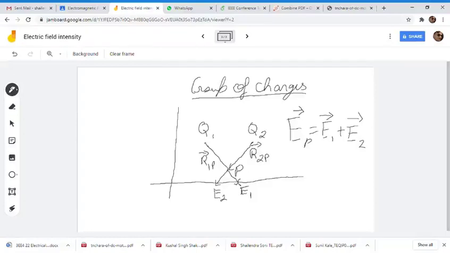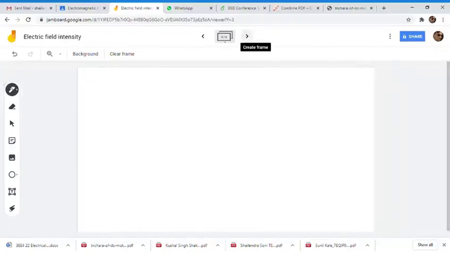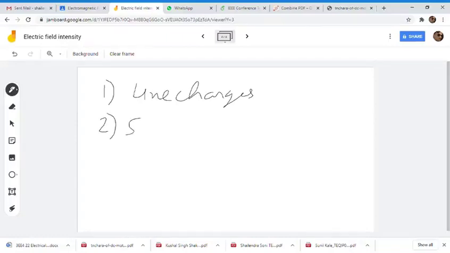So in your syllabus there are three basic charge distributions that you need to understand. The first one is line charges. The second is surface charges, and the third is volume charge.